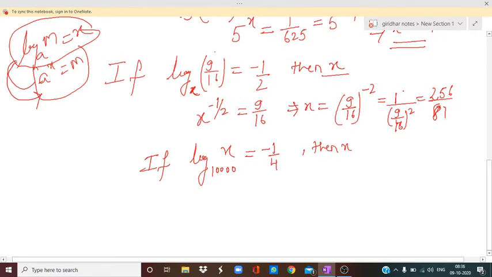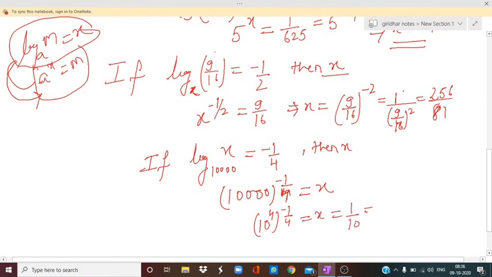Log m with base a equals to x, so a to the power x, 10,000 to the power minus 1 by 4 is equal to x. Correct? So this can be 10 to the power 4 into minus 1 by 4, which is x. And this is nothing but 1 by 10, or you can say 0.1.